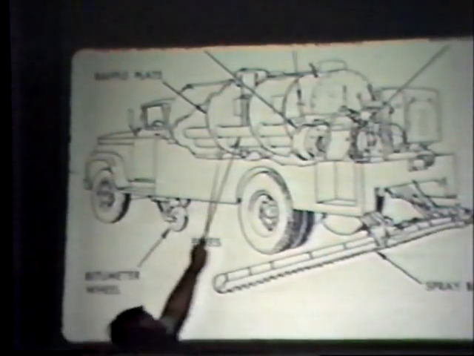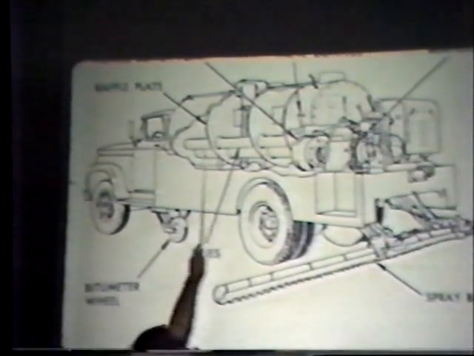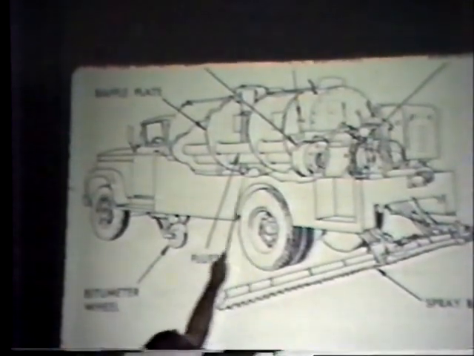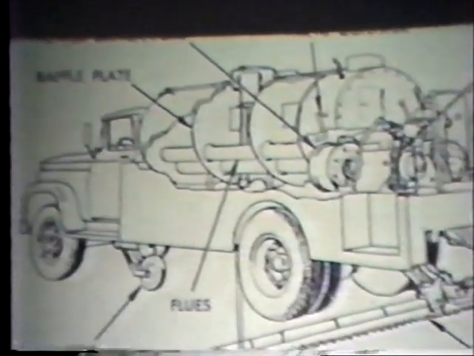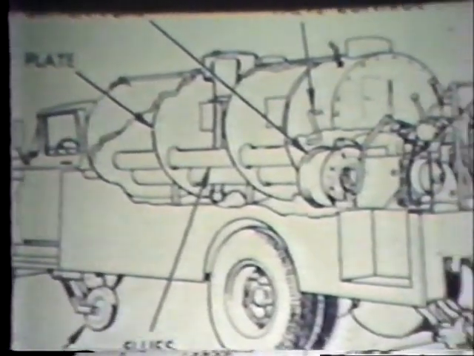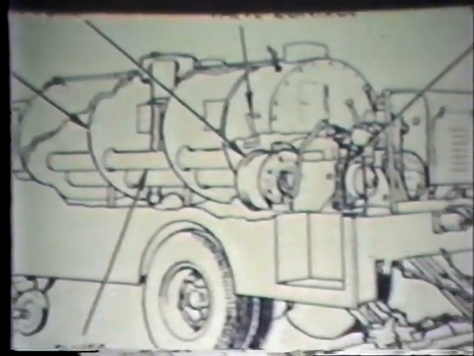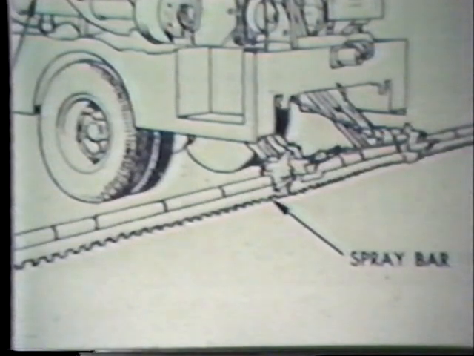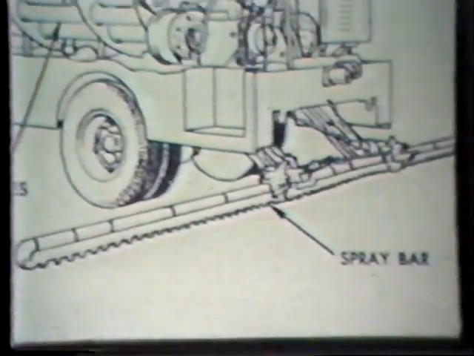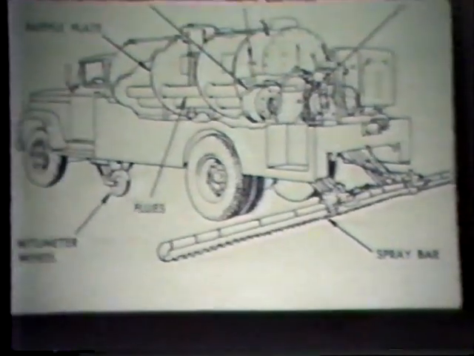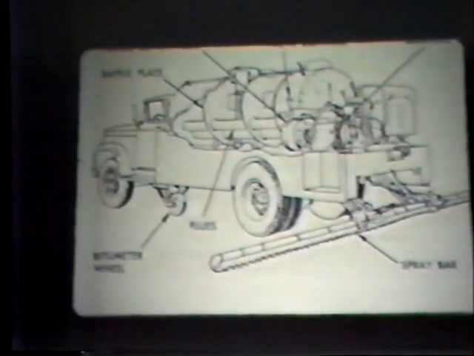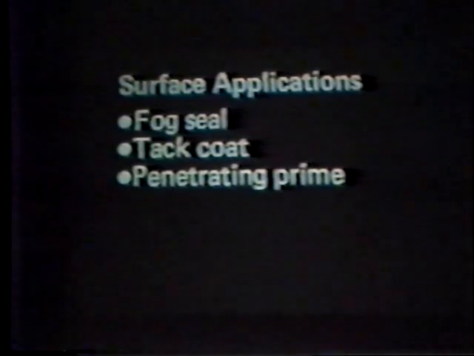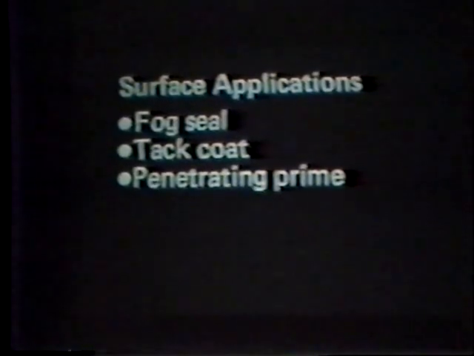Nothing more than a big tank truck with baffles so the stuff won't slosh around, and flues that run through it so heaters can direct heat in here and get that asphalt that you've chosen to use up to the right spraying viscosity, so it's just the right consistency such that when it comes out of the bar, it puts down a heck of a nice even film on the road, and that's the beginning of a good job. So that's the key, understanding the equipment and picking the right material so you get the right viscosity.